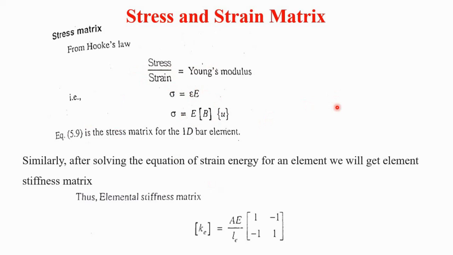By solving the equation of the strain energy for this element, we get the elemental stiffness matrix Ke is equal to Ae/Le into [1 −1; −1 1]. This is the elemental stiffness matrix for the 1D bar element.